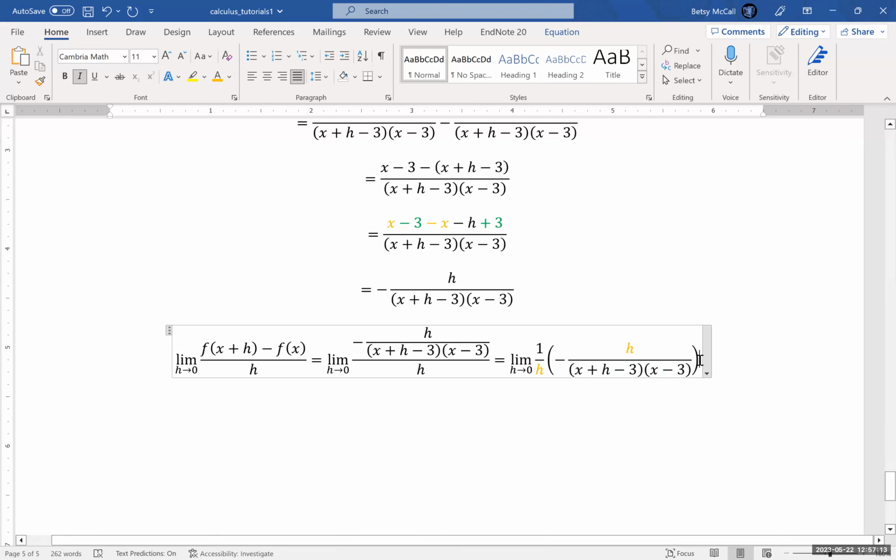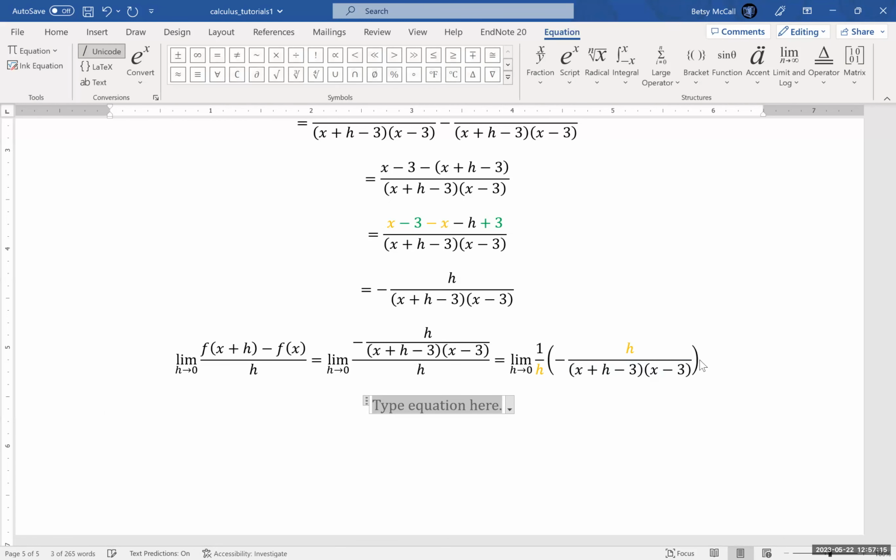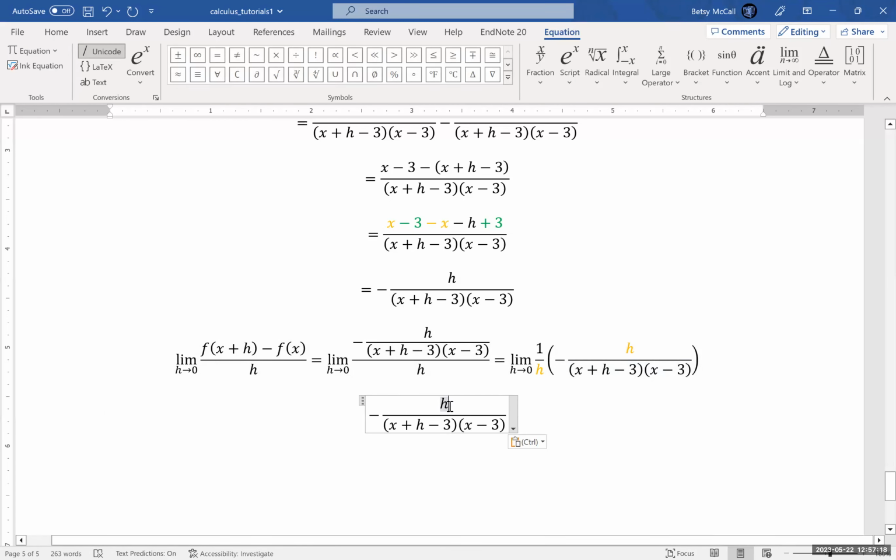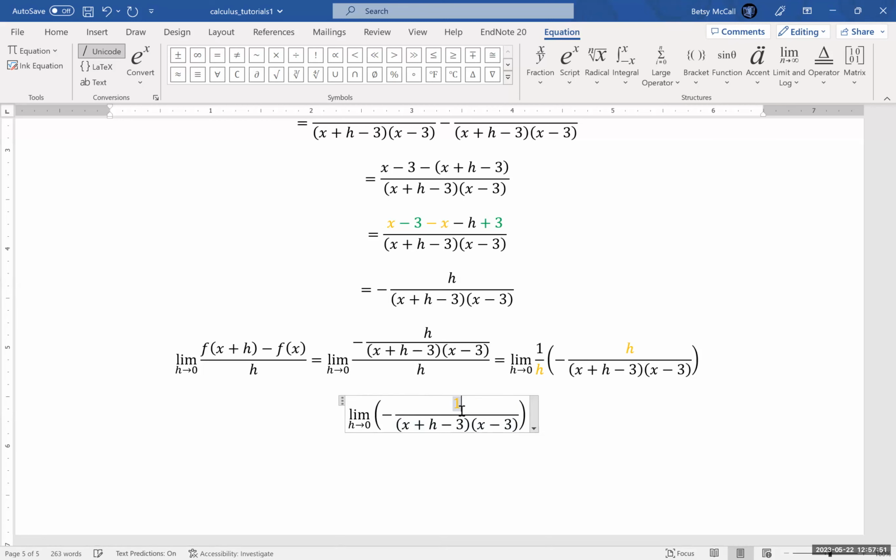Canceling. And so now when I substitute in my 0 for h, all I'm left with is this expression. Actually, let me not skip that step quite so quickly. This whole thing cancels. This thing becomes a 1.